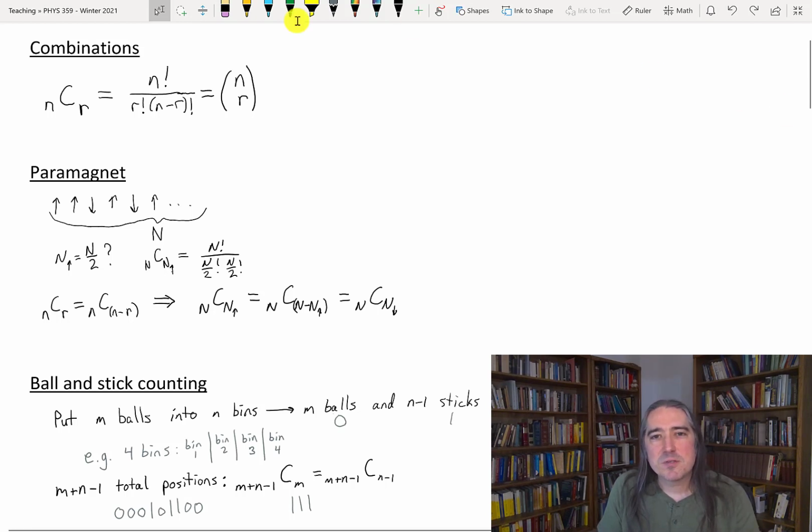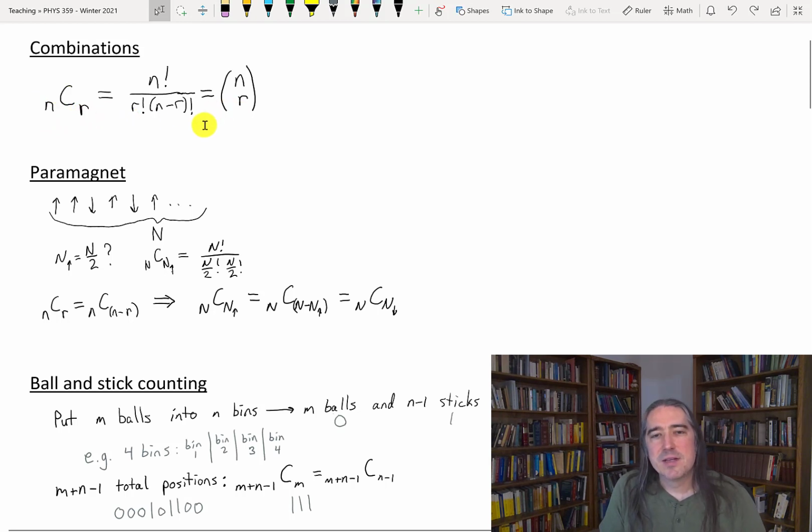So the first technique that we'll see a lot of is combinations. A combination is written like so, and the way that a lot of people read this is n choose r, right?